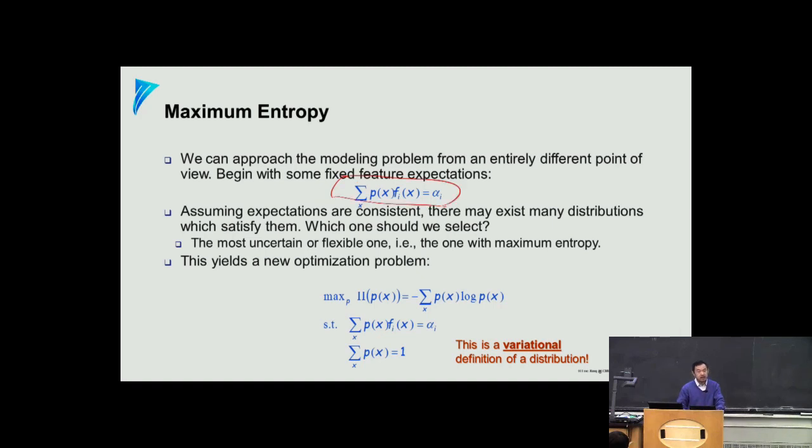We're going to say that I want to estimate any model such that I want this model to be rational. What do I mean by rational? I mean that under this model, the expectation of a feature must match my sample average, or some other facts that I can get from data, denoted by alpha.